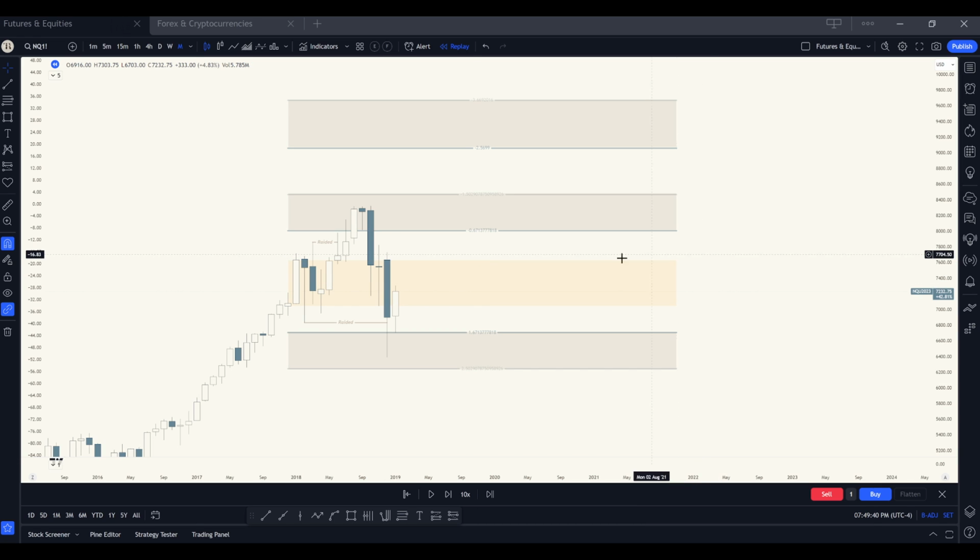Price could easily, right now, bounce off this and then go lower to our next one lower, if we were bearish. If this was a bearish play, this could easily be a rejection point that we could be expecting.